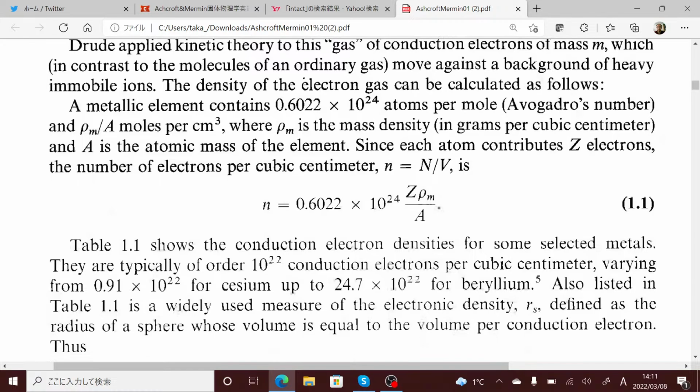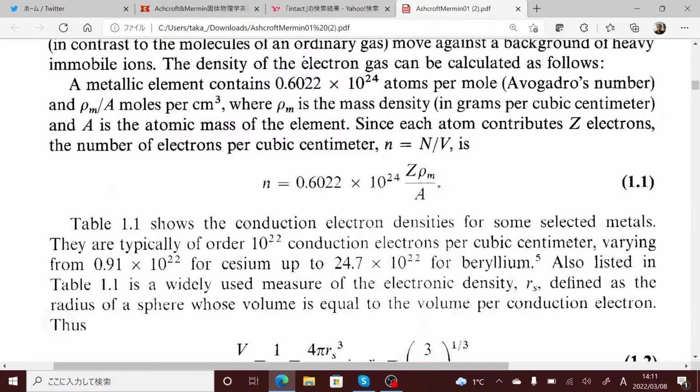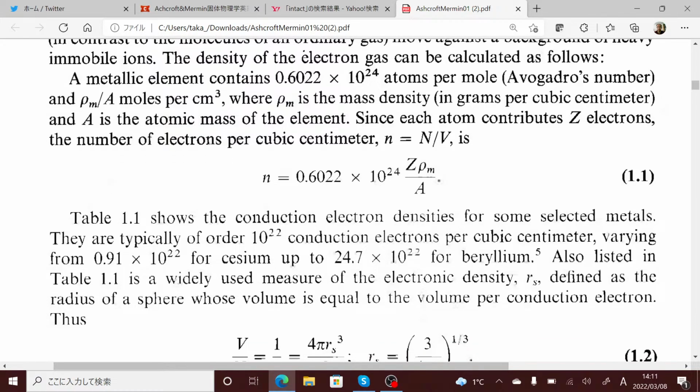Since each atom contributes Z electrons, the number of electrons per cubic centimeter, n = N/V, is n = 0.6022 times 10 to the 24 times Z rho_m divided by A.